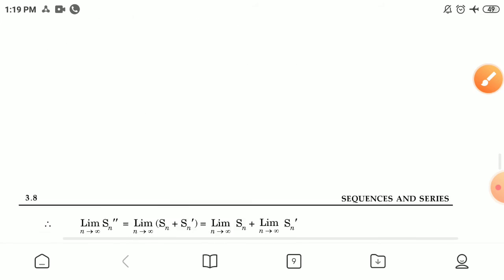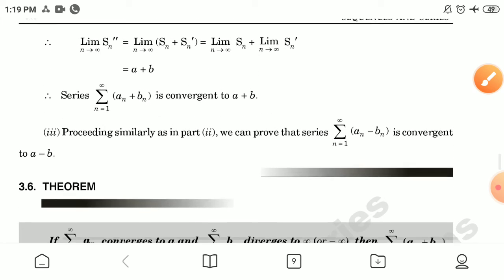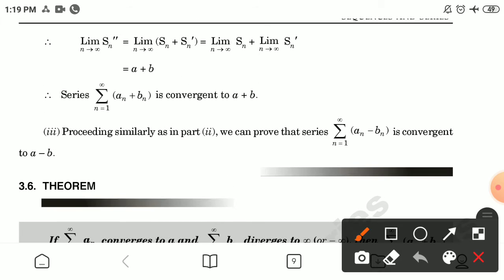If we apply the limit on both sides, the limiting value of Sn double dash, n tends to infinity, becomes equal to the limiting value of Sn plus the limiting value of Sn dash, that is a plus b. The series an plus bn is convergent to a plus b. Proceeding similarly as in part second, we can prove that summation an minus bn is convergent to a minus b.